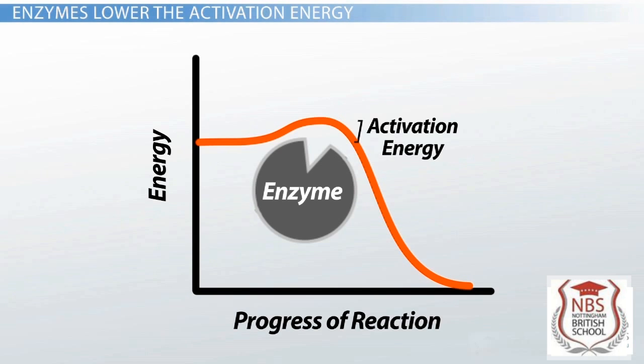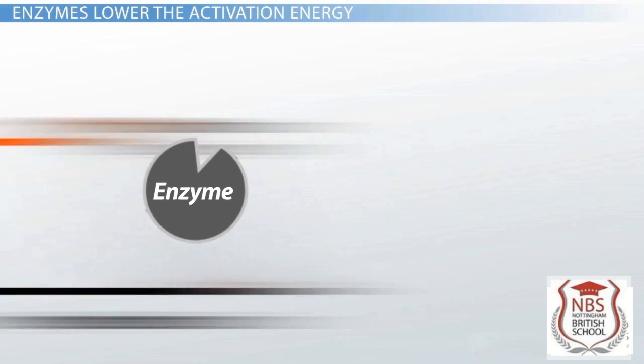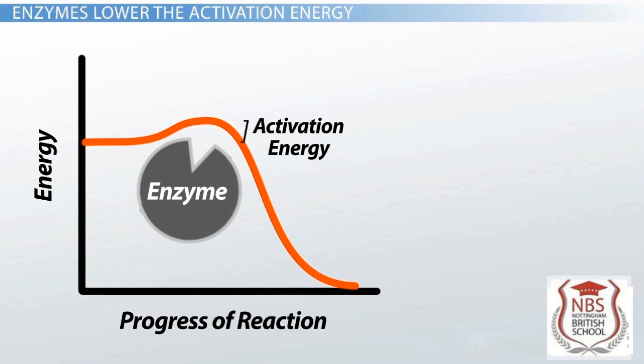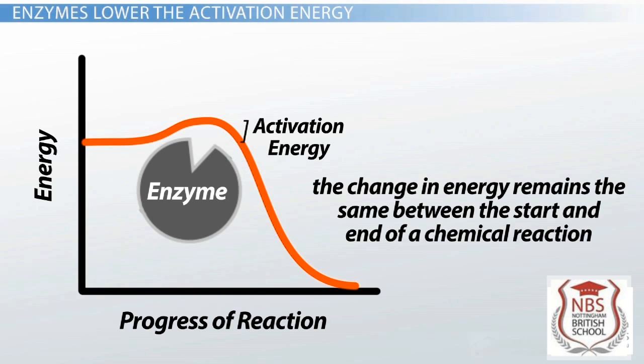There are hundreds of different kinds of enzymes in your cells, which all participate in different types of reactions. Enzymes can break molecules apart, build or add molecules, or even rearrange them. In lowering the activation energy of a reaction, enzymes decrease the barrier to starting a reaction. It is important to note, however, that the change in energy remains the same between the start and the end of a chemical reaction.